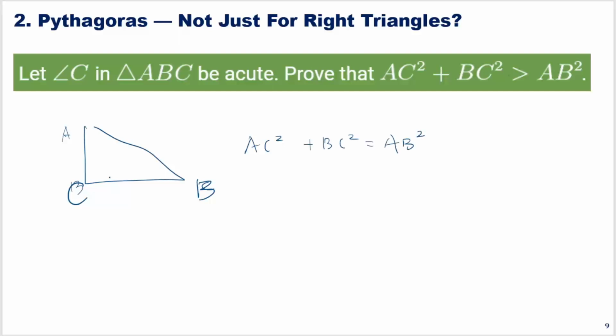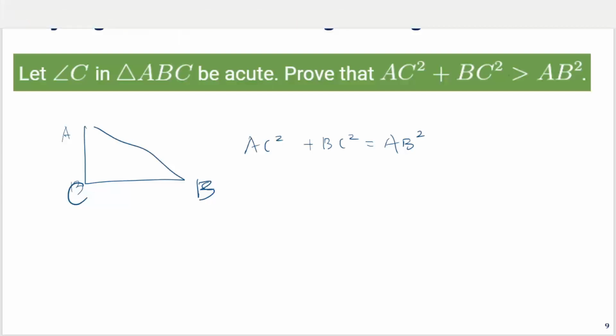So this is what the Pythagorean theorem tells us, right? But what if AC square plus BC square does not equal AB square? For example, if we let angle C in triangle ABC be acute, can you prove that AC square plus BC square is greater than AB square?